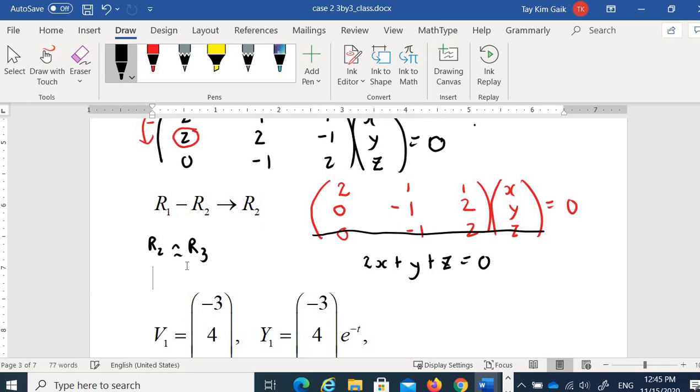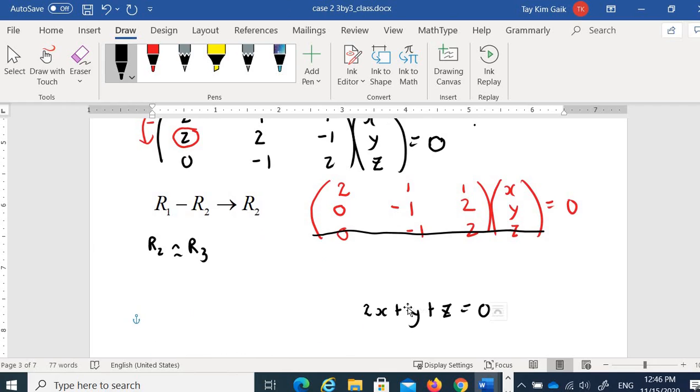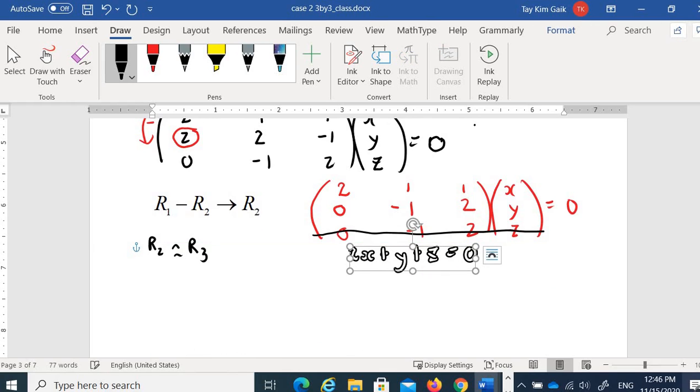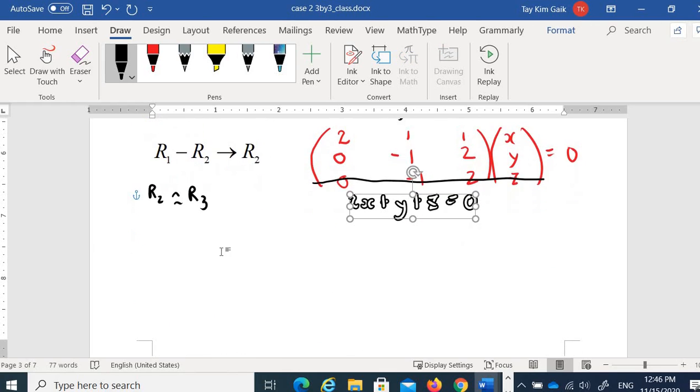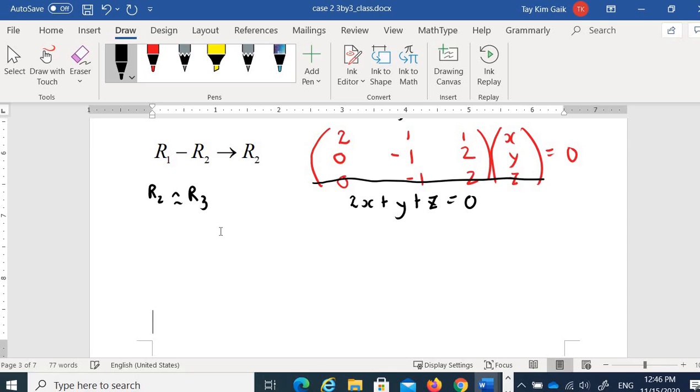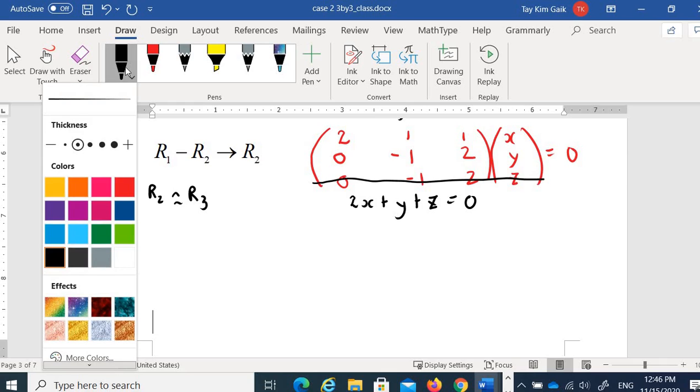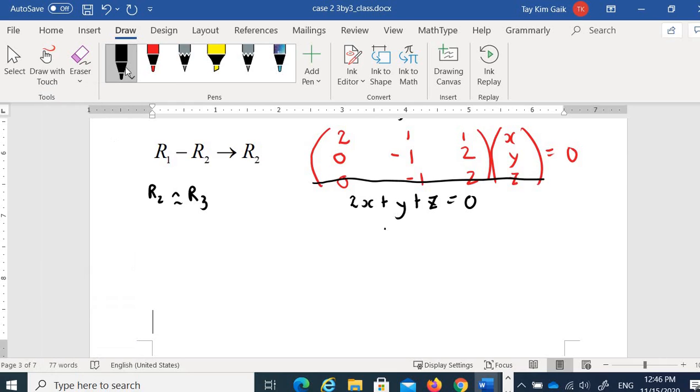Let me enter this space first. Okay, and the second equation, this is negative y plus 2z, so negative y plus 2z equal to 0.